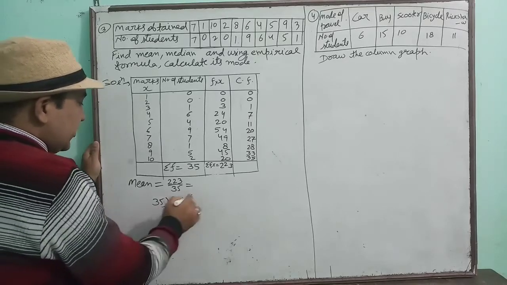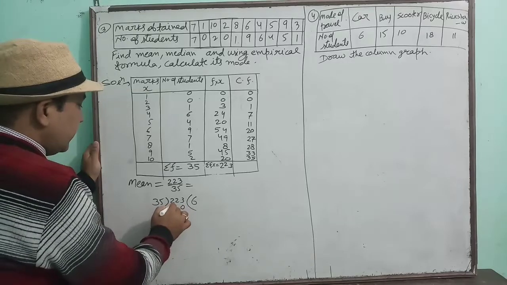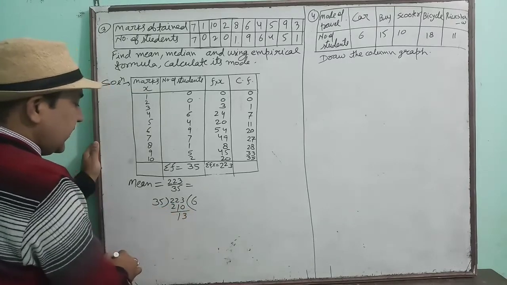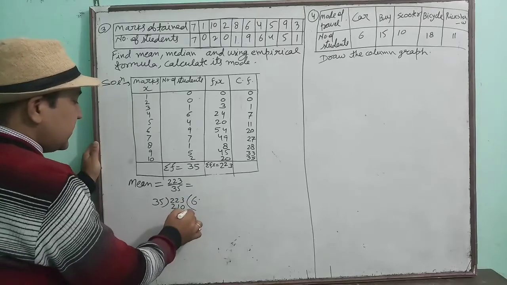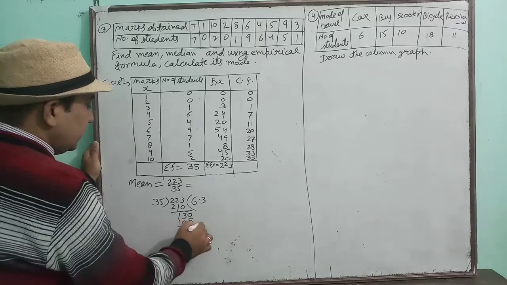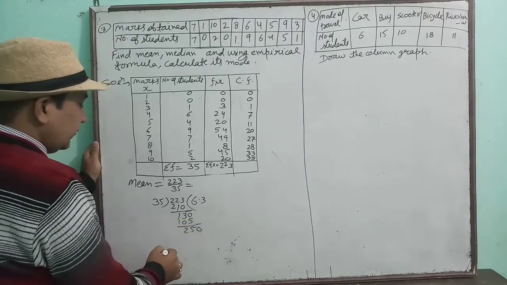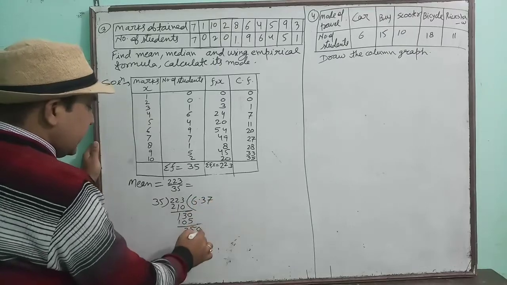3 7s are 21, means 6 times we will take. 6 5s are 30, and then 10. Okay? By putting the decimal there is 0. Again 3 times. Again 0. Then 7 times.